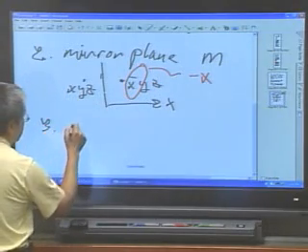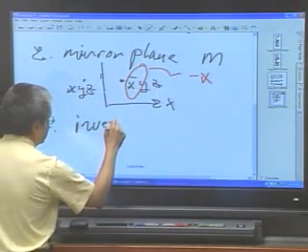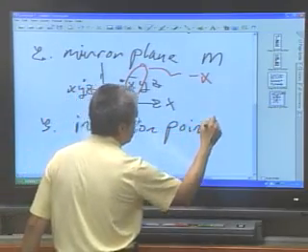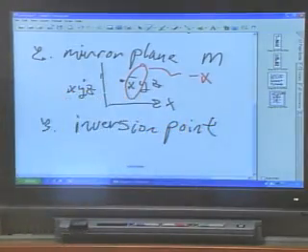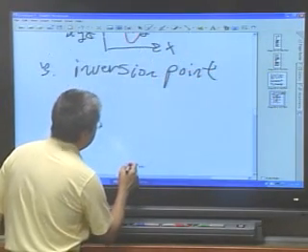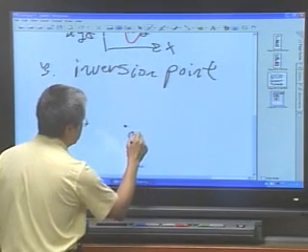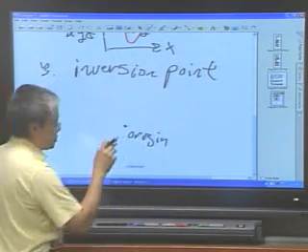The third symmetry element is what is referred to as an inversion point. An inversion point, as the name implies, is a symmetry element which is a point, and you simply invert. Suppose this is your inversion point, and let's take this to be the origin, that is, the 0, 0, 0 position.